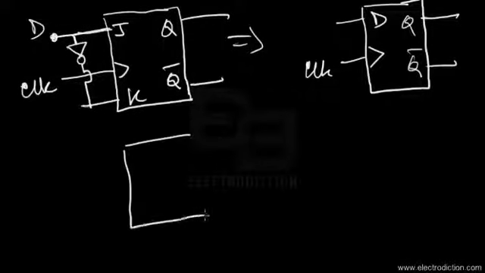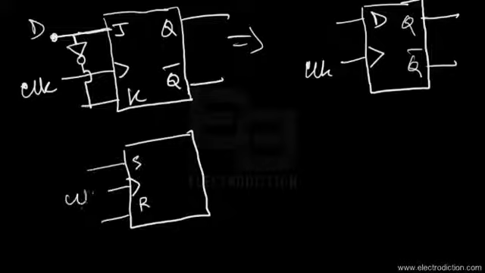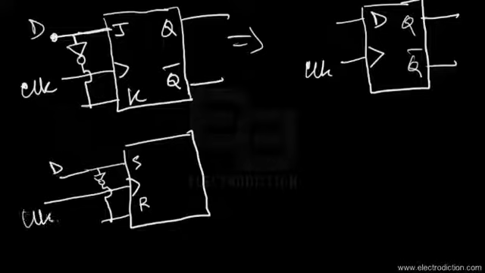So if you take, for example, this to be the logic diagram of an SR flip-flop, with this being the clock input, and we connect a NOT gate in a similar fashion as done in the case of the JK flip-flop, what we get is the D flip-flop right over here.